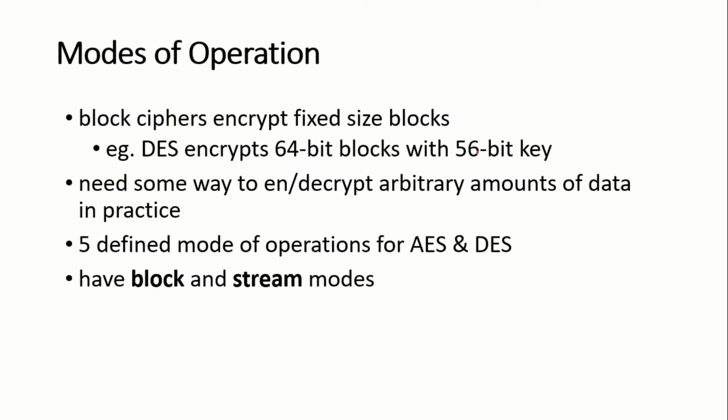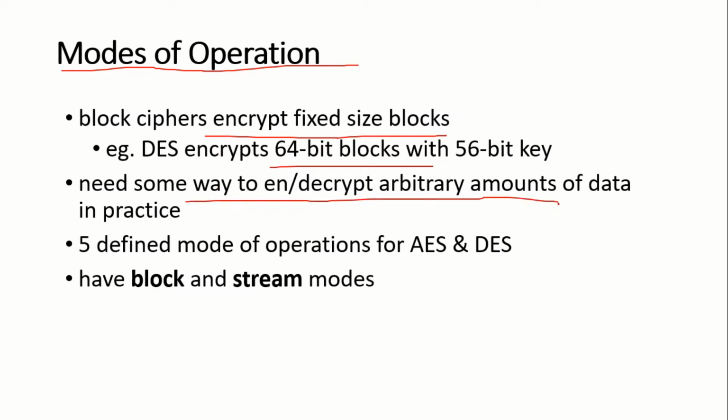For that, we have various modes of operation which we can use to implement any of the algorithms, any of the ciphering techniques, to encrypt the data. So we have fixed size blocks in AES and DES, right? We need a way to encrypt or decrypt an arbitrary amount of data.